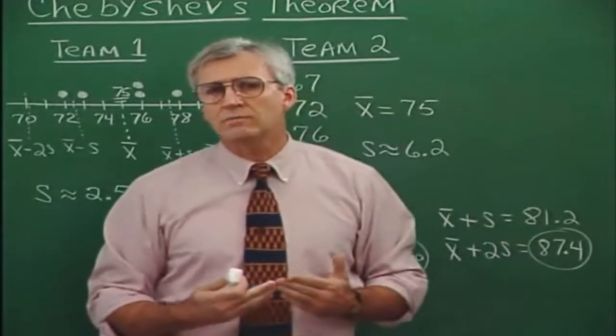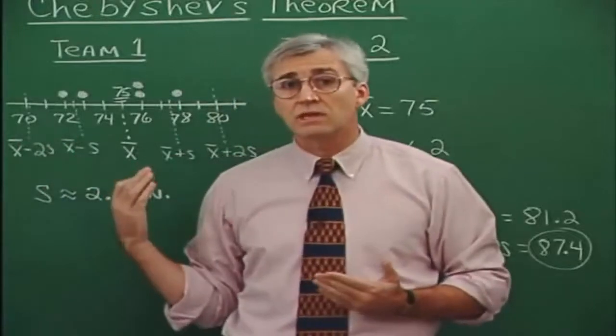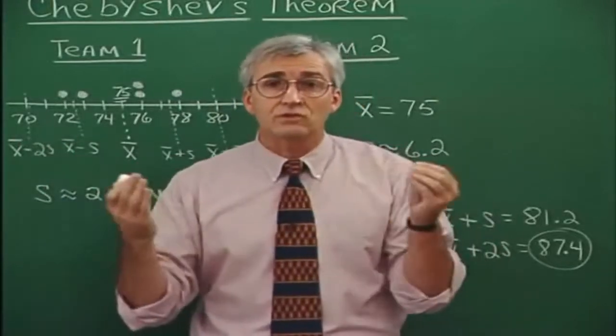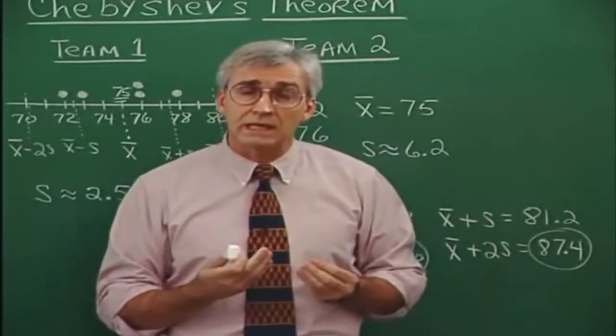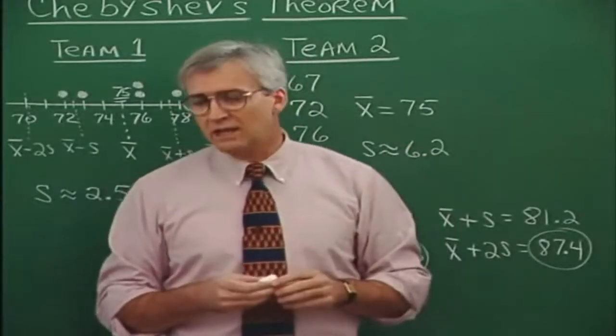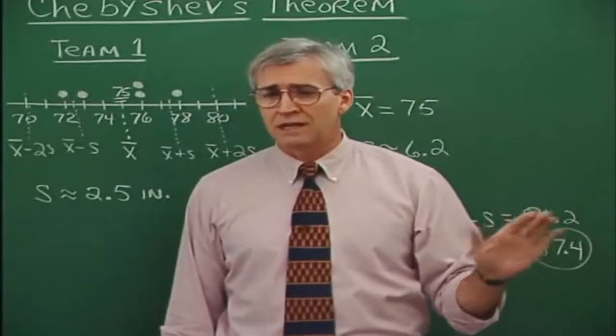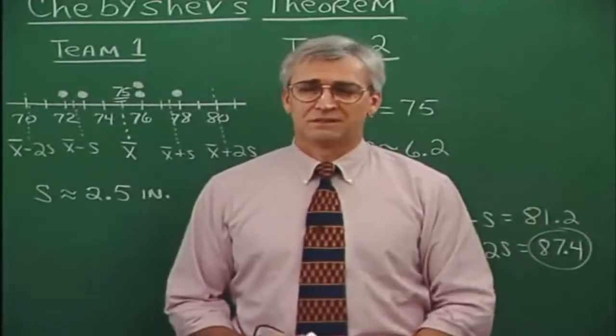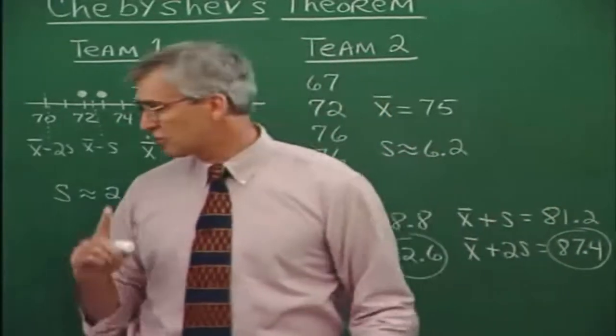Now, will this always be the case? It was the case in these 2 samples where all the data values were within 2 standard deviations of the mean. That's what this fellow studied. And he found that for any data set, this is true.